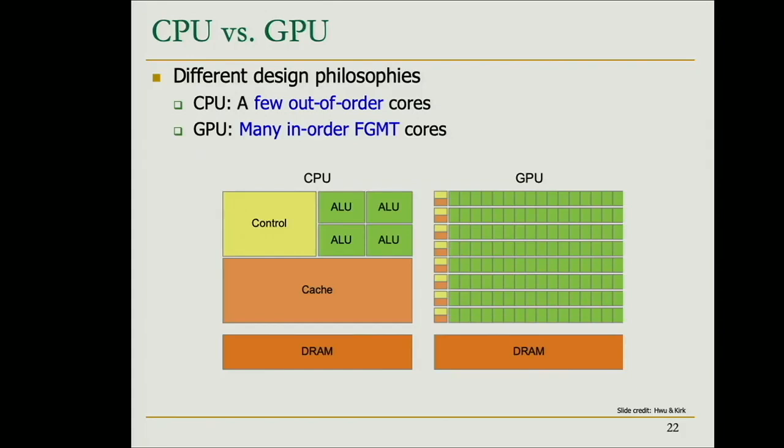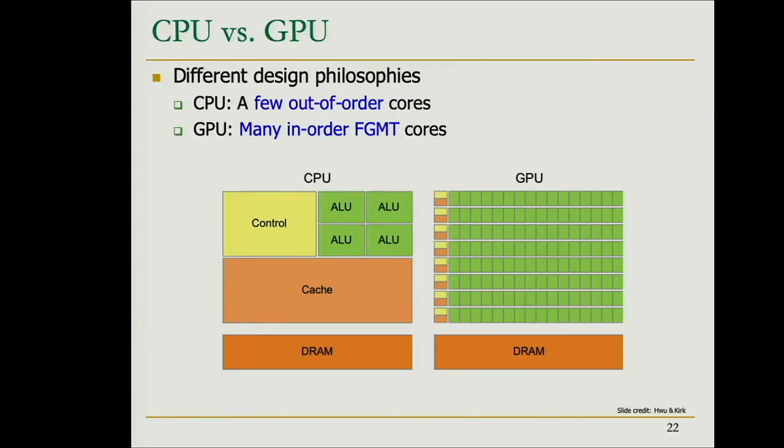A lot of this die is used for control, for example, doing speculation, branch prediction, and these sorts of things. And then we also have very big caches, right? We have deep cache hierarchies in CPUs.